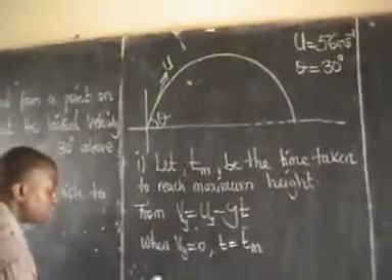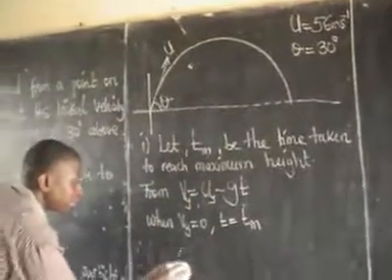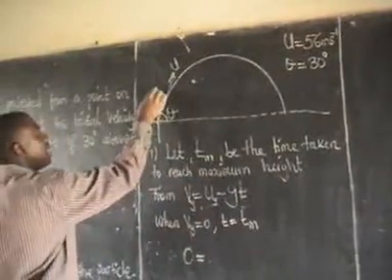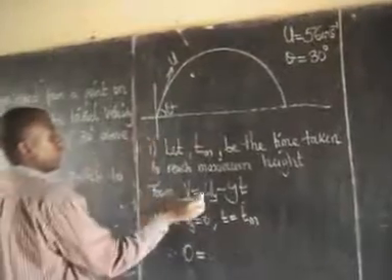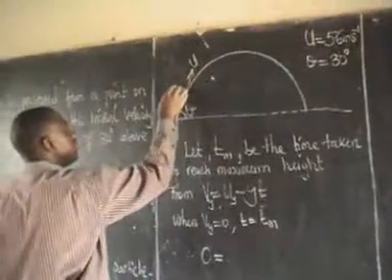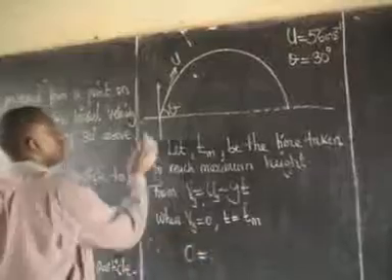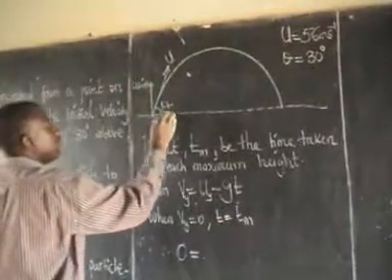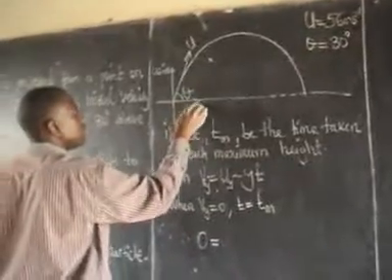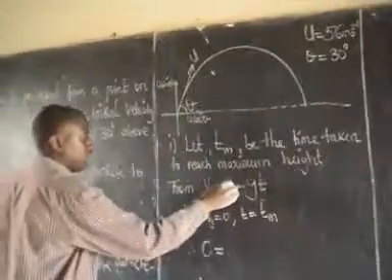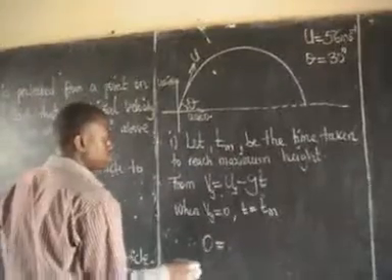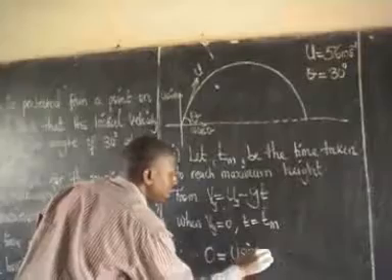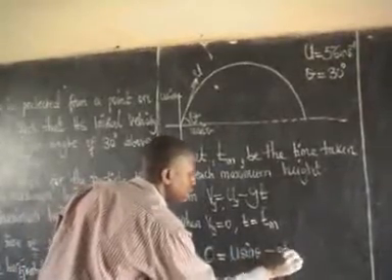By substituting, we shall have 0 is equal to Uy, my component of this speed along the vertical at t equals 0, which is U sine theta. Remember, when you break that into its components, where there is Uy, I put U sine theta minus G Tm.